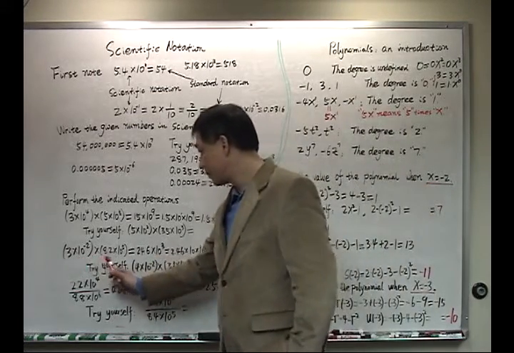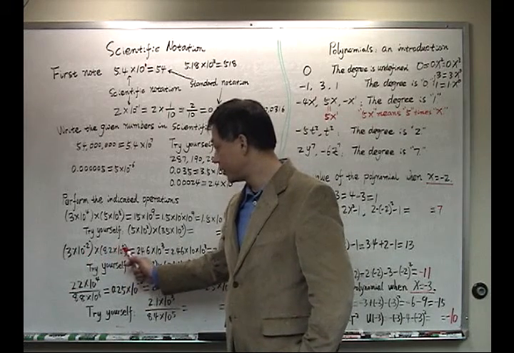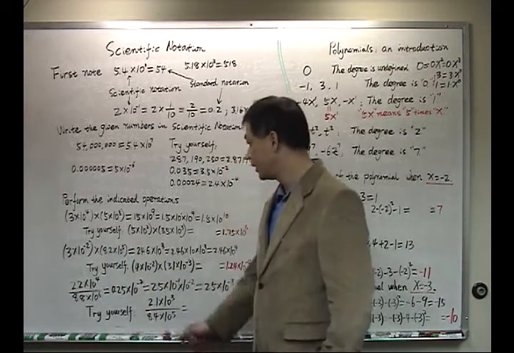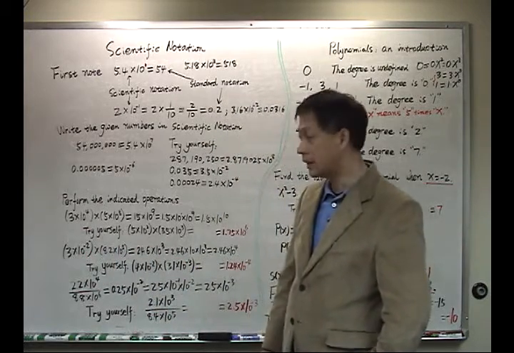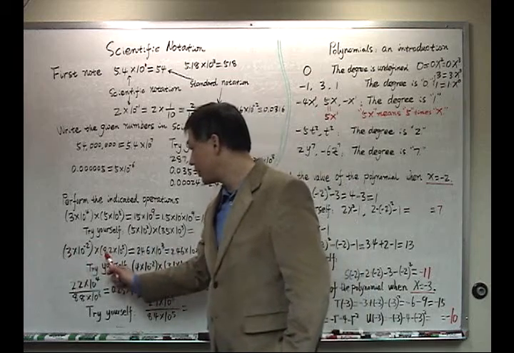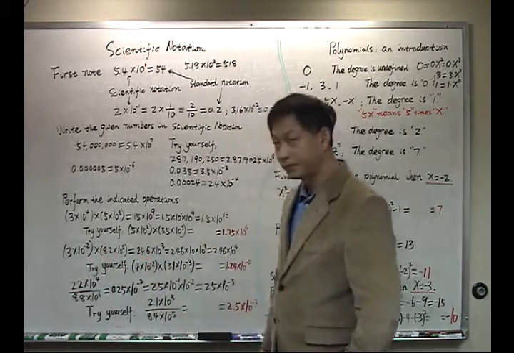Look at this one. This one is next, with positive exponent 5. You add together, you have a 3. And 3 times 8.2 is 24.6.